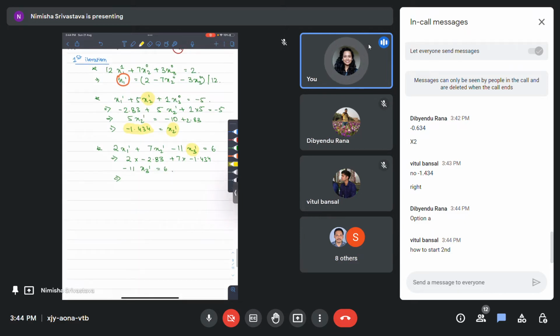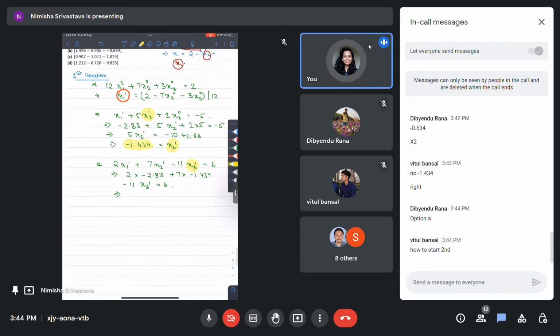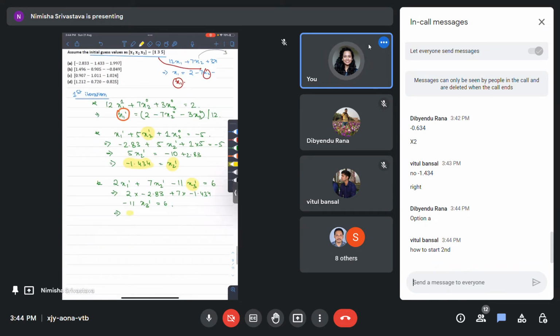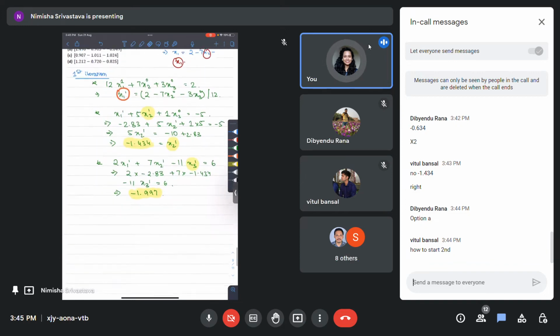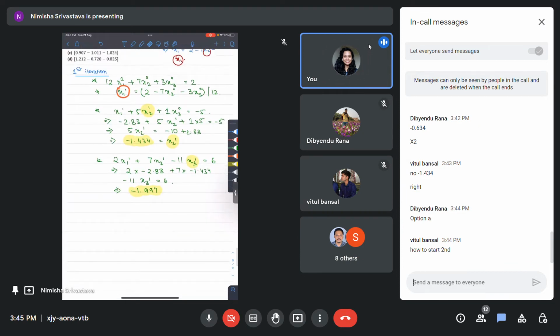Then once you are done with your first iteration, what is the third thing? Minus 1.997. Okay. So basically now in place of x naught in my equation, I have x1. I had x naught equal to 135 to start with earlier.